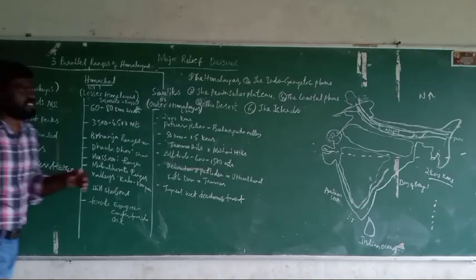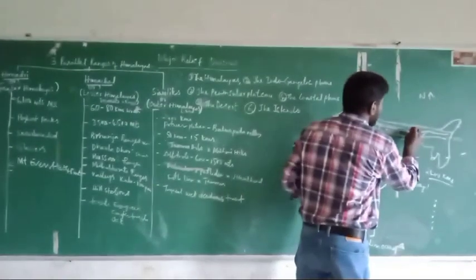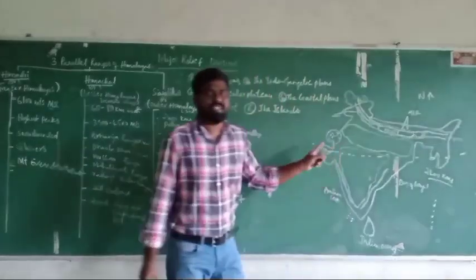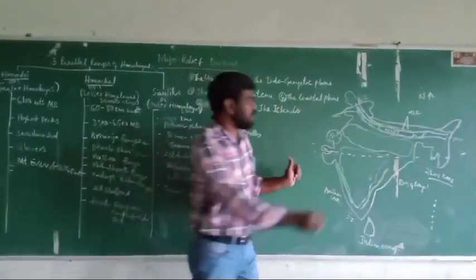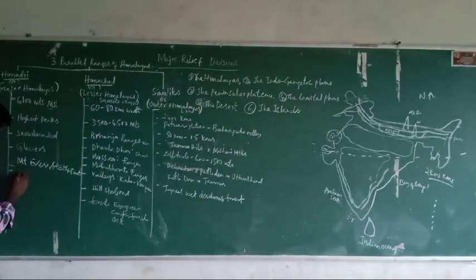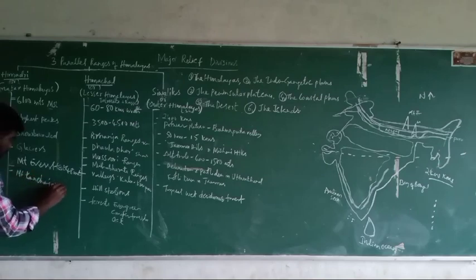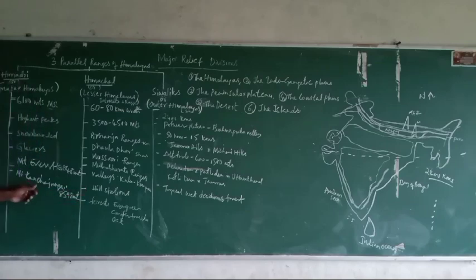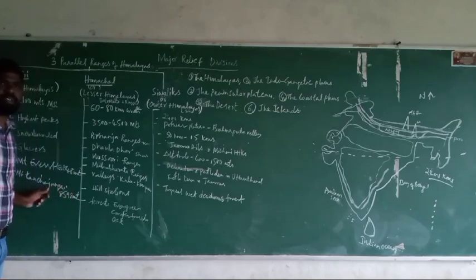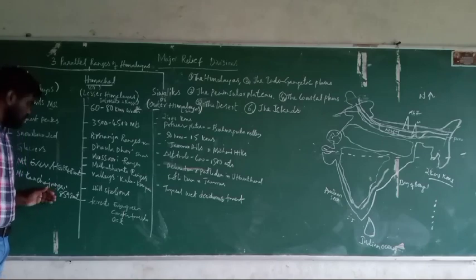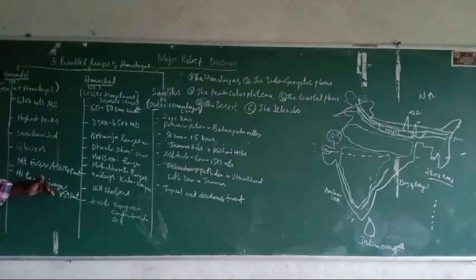Next, India's highest peak is Kanchenjunga, 8,598 meters, and many other peaks like Nanda Devi, Nanga Parbat, Annapurna, Makalu. All these peaks are above 8,000 meters.